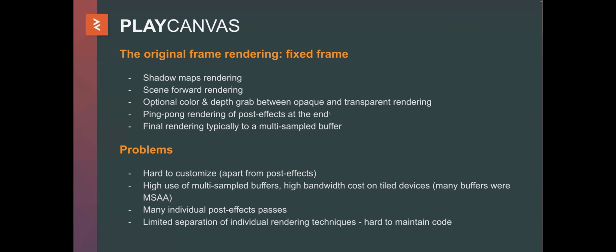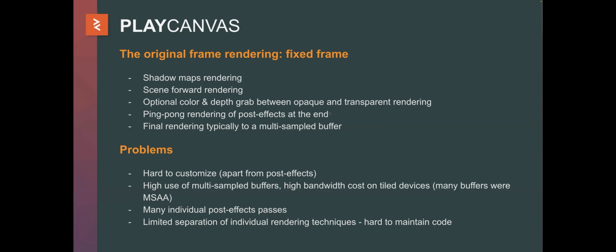And then at the end, there would be loads of post-processing effects, each typically a custom render pass, which means loads of memory access, reading and writing all over again. Final rendering often went to a multi-sampled frame buffer, which is again typically unnecessary. So we're spending a lot of memory bandwidth, especially on tiled devices.